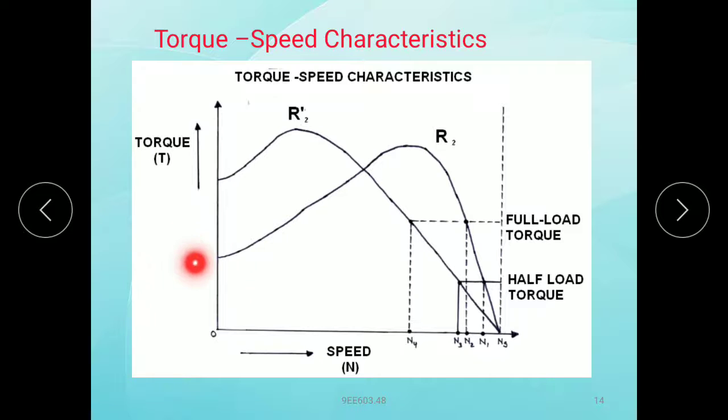The torque is somewhat low, and as the slip speed increases, the speed increases. The torque keeps increasing up to the maximum value of torque, and after this, as the speed increases, the torque decreases.